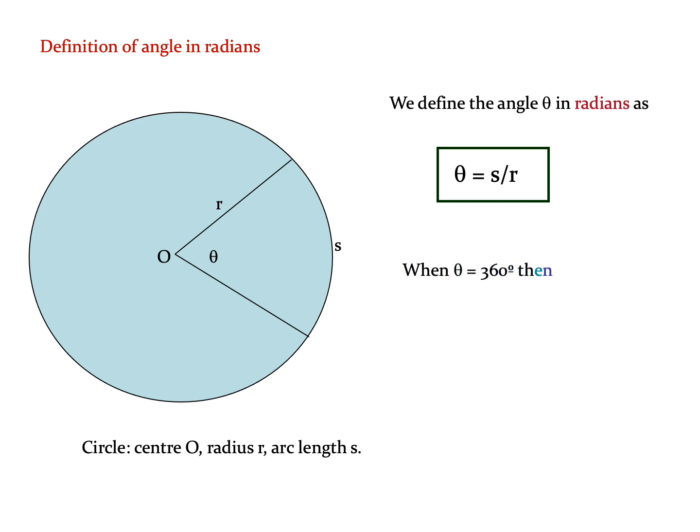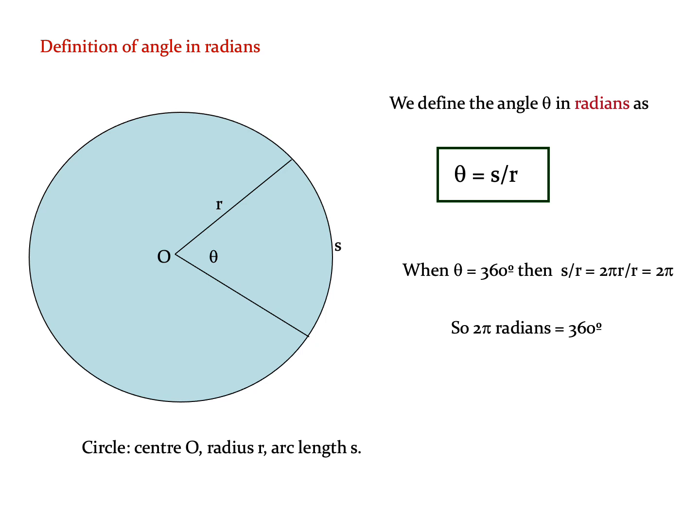Okay, let's imagine then that we let theta be 360 degrees, one complete revolution right round the circle. Well, when theta is 360 degrees, we know that our arc length must be the entire perimeter of the circle. Now you know from your lower school maths that the perimeter of a circle is given by 2 pi r. So when we apply our theta equals s over r equation, we get 2 pi r divided by r, the r's cancel, and we get 2 pi.